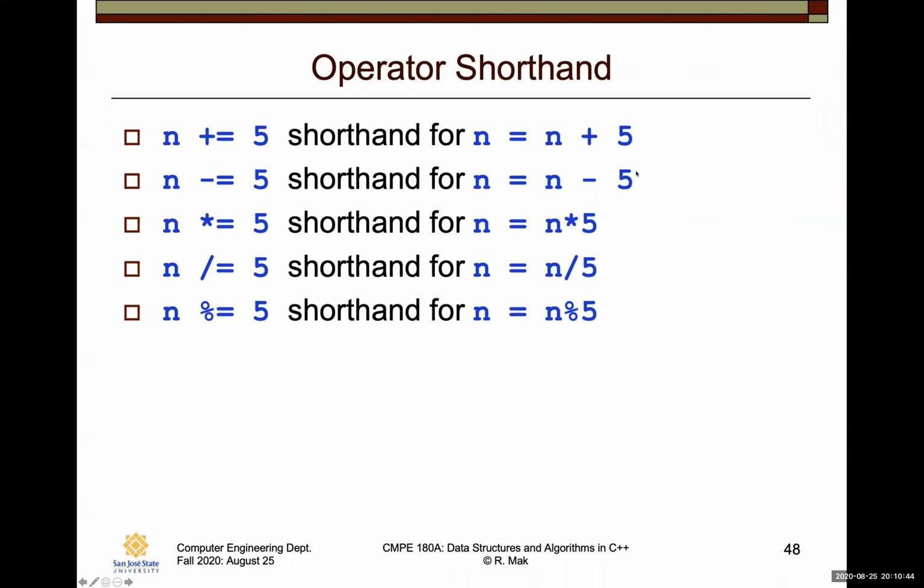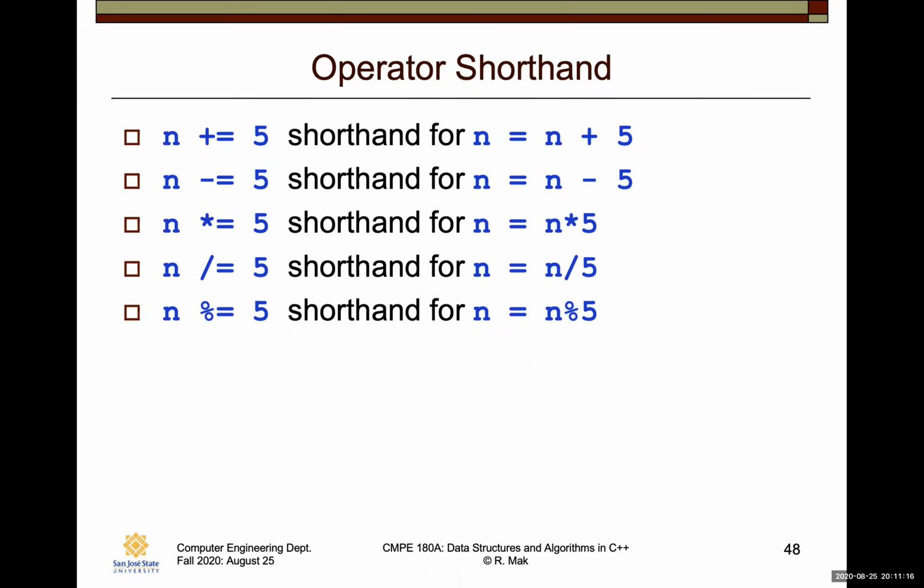Okay? So whenever you see a variable equals the same variable plus some arithmetic operation plus another value, here is the shorthand. So instead of saying n gets the value n plus 5, you can say n plus equals 5, or n minus equals 5. Okay? So you're going to see this, and this is something that C++ inherited from the old C language.